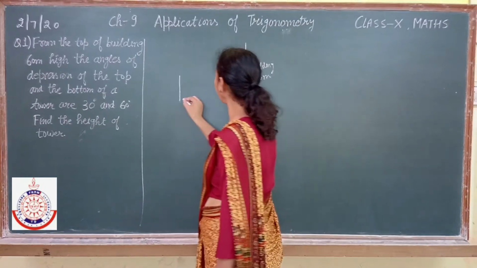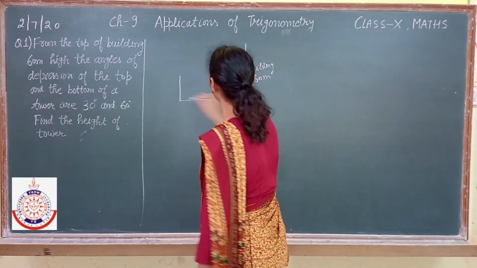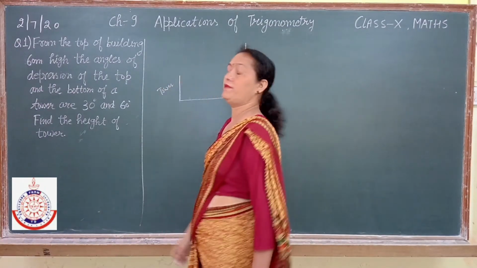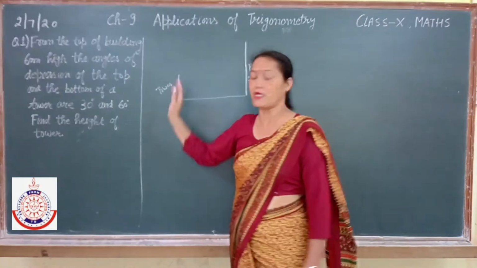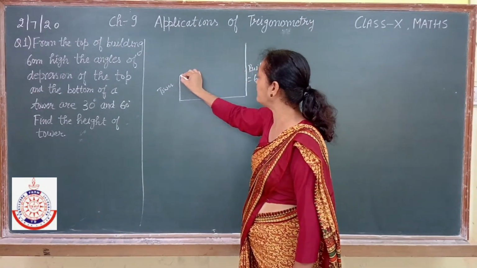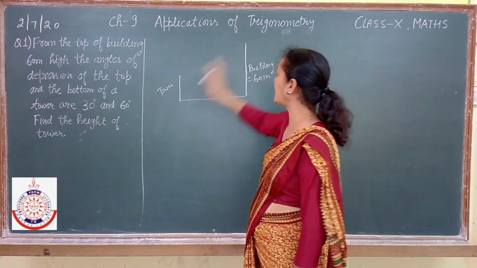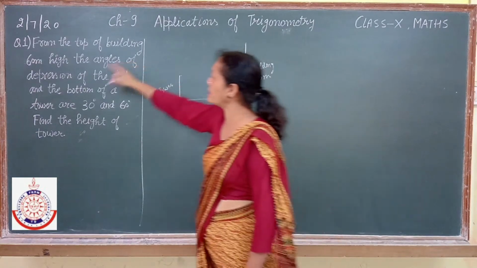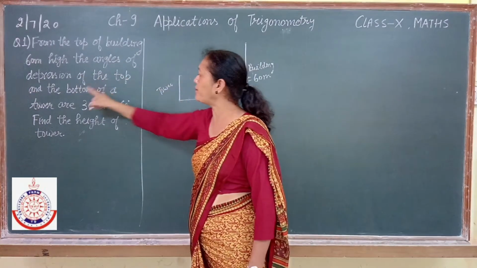How do we decide whether the height of the tower is smaller or more than the building? The person is looking down towards the tower, so the tower's height would be lesser than the building. The first case is the angles of depression of the top and the bottom.